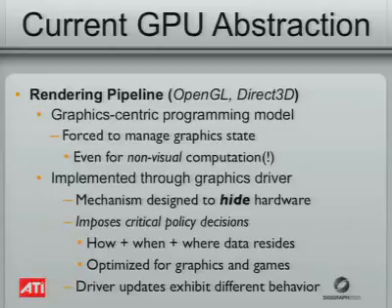And because GPUs are driven by the gaming industry, these policy decisions are optimized for graphics and games, and may actually impair performance for compute. Finally, an updated graphics driver can exhibit drastically different performance as various optimizations for games and features get added. And clearly this model seems less than ideal when you're trying to do compute and want to guarantee some sort of application performance.